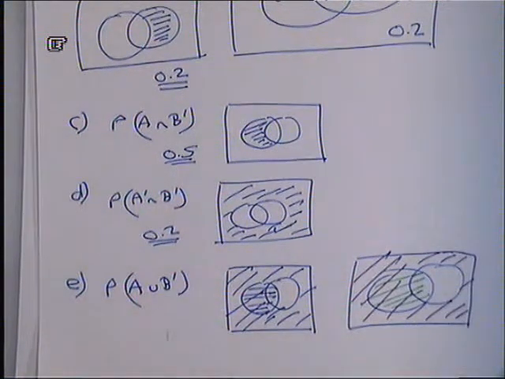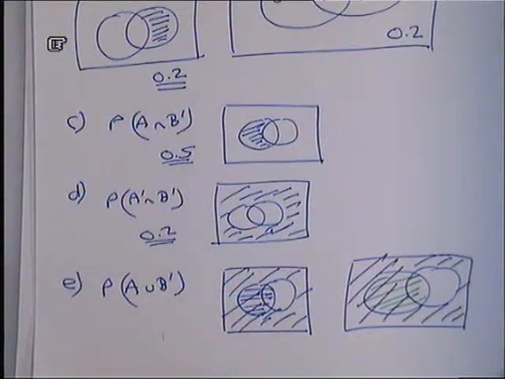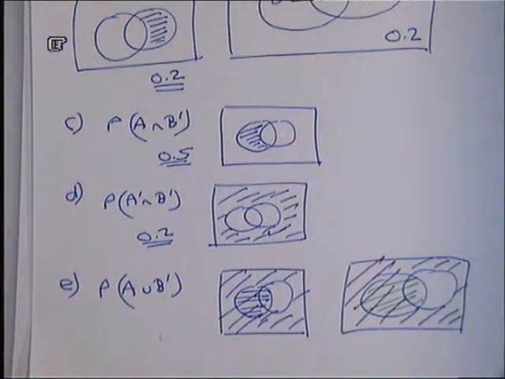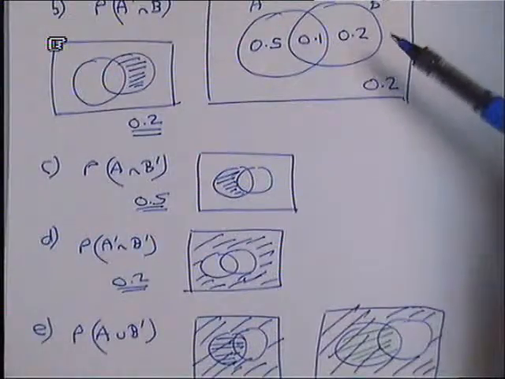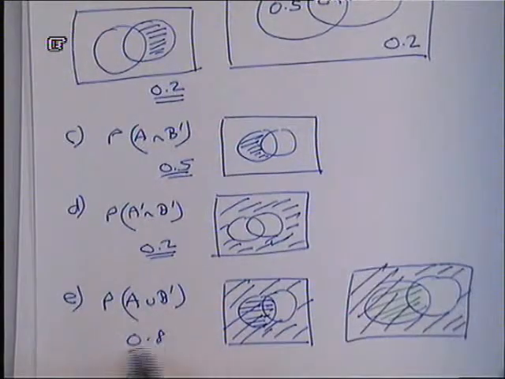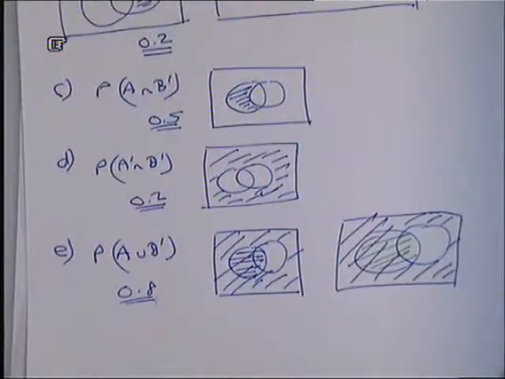If it's asking you for a union, it's anything you shaded. Doesn't matter how many times it's been shaded, it's anything you've shaded. Because everything that's been shaded there is either in A, or it's not in B, and some of it happens to be in both. So it's everything we shaded there, which is everything apart from that 0.2. So the answer to that one is 0.8.